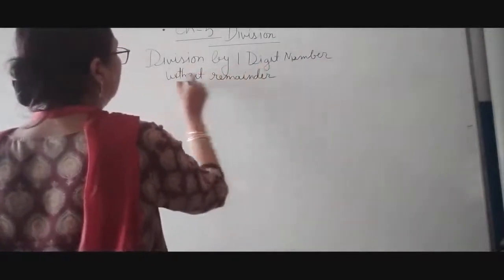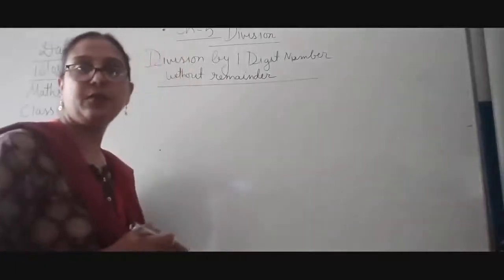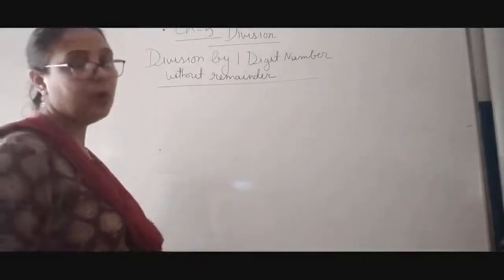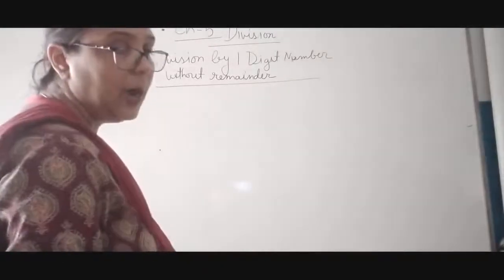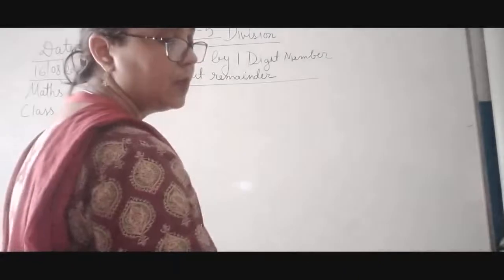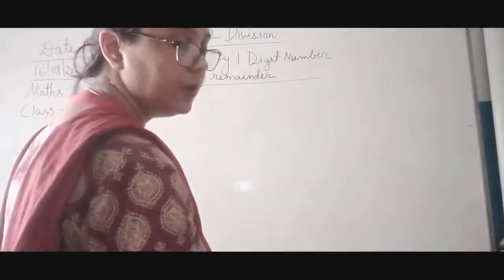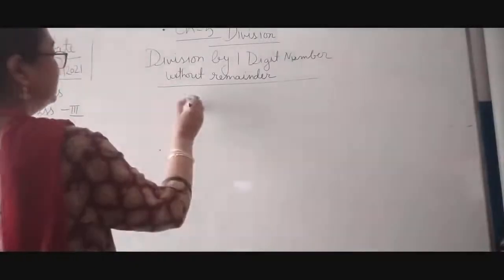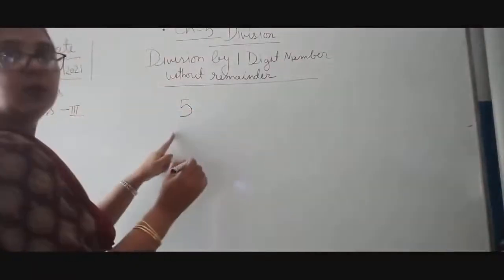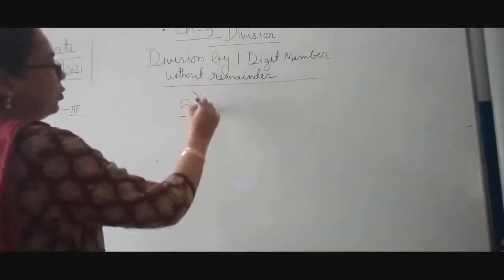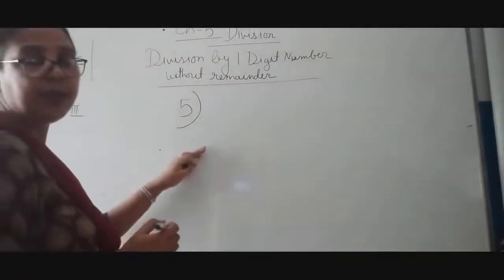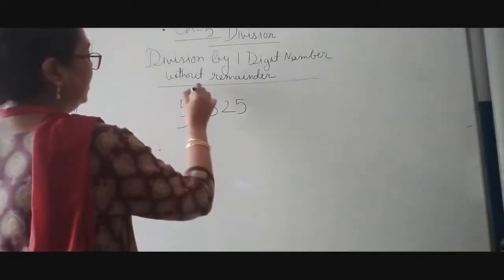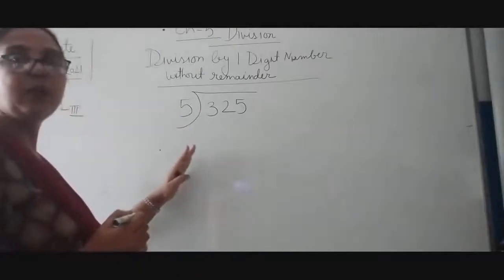Okay, children. I have given a few examples on this topic. Now I will give you one more example and tell you how we can do this. First of all, the example: a single digit, 5, and we are going to divide 325 by it.